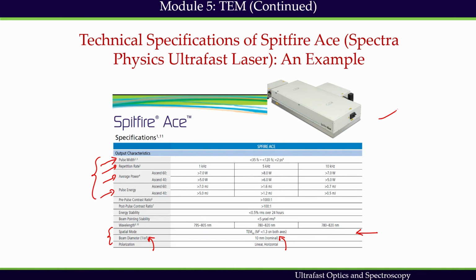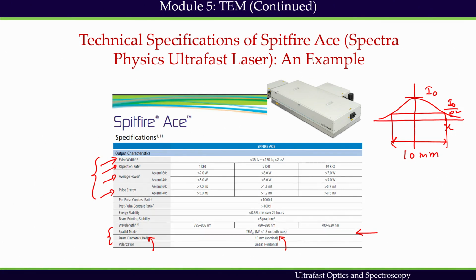So basically we have an intensity profile at a particular point, the cross-sectional profile, and this is the maximum I naught. We are going to take I naught by E square, and this is the radius and this is the diameter. So when you say 10 mm 1 by E square beam diameter, it suggests this.